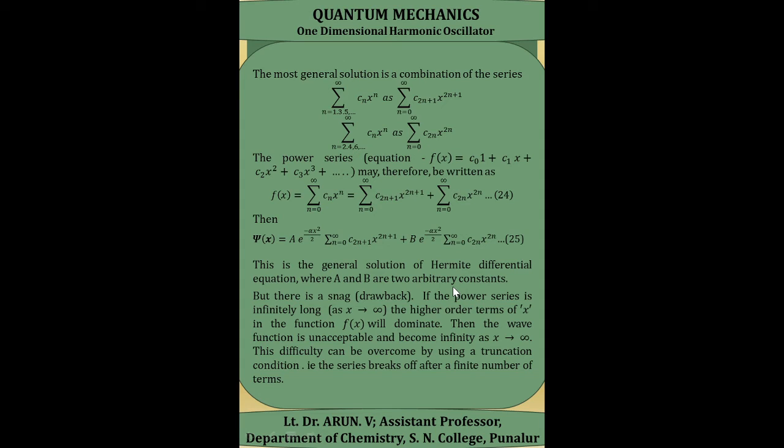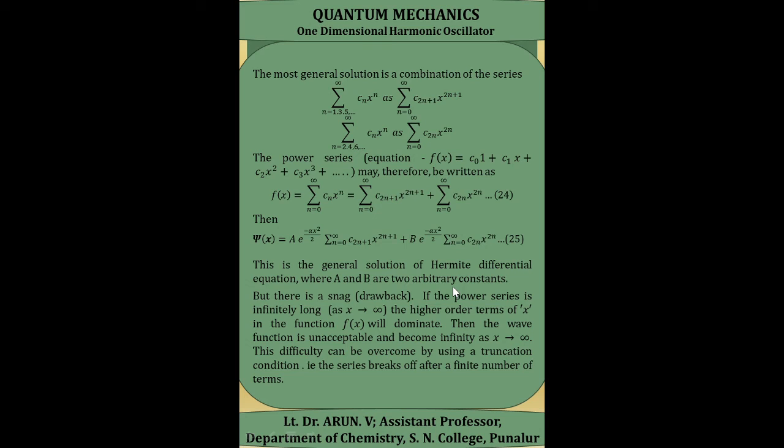That is, it is written as the sum over odd values of n and even values of n. Therefore, the wave function in one dimension, that is psi(x), is equal to A e^(-alpha x²/2) times summation of n equals 0 to infinity C(2n+1) x^(2n+1), plus B e^(-alpha x²/2) times summation of n equals 0 to infinity C(2n) x^(2n).